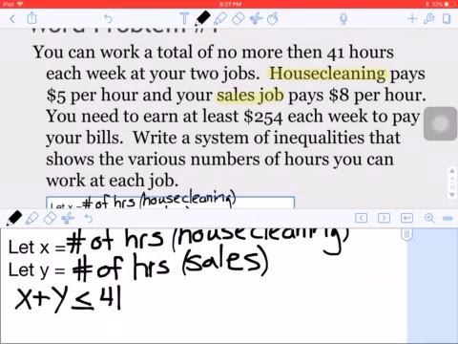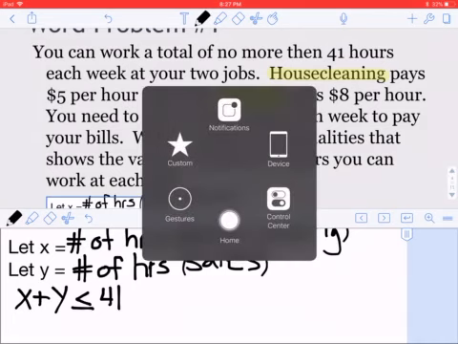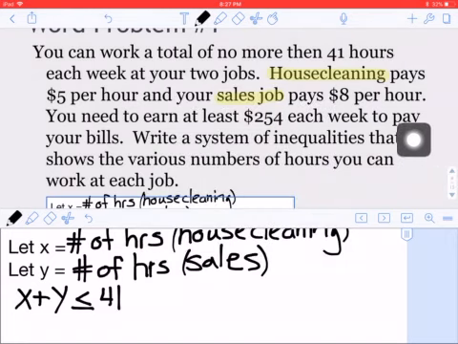The other topic in this problem is that you need to earn at least $254. That's our profit, so we need to set up a profit inequality. Profit is all about your hourly rate combined with the number of hours you work.